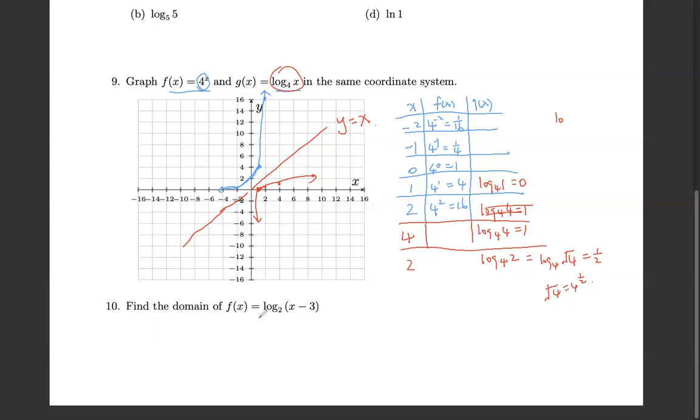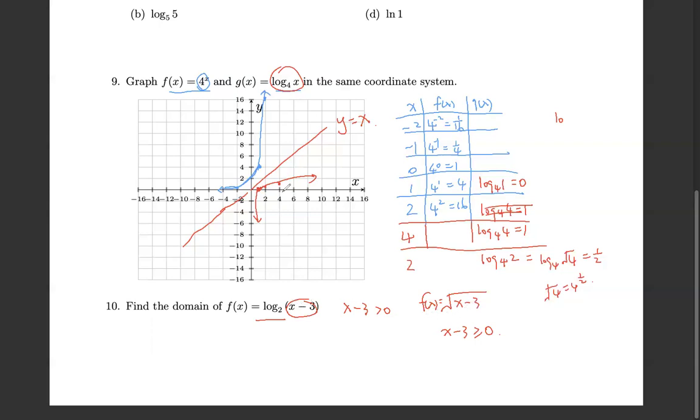So how do we find the domain of a log function? The value inside has to be greater than 0. This is similar to radical functions, right? For a radical function, the domain requires the radicand to be greater than or equal to 0, not negative.